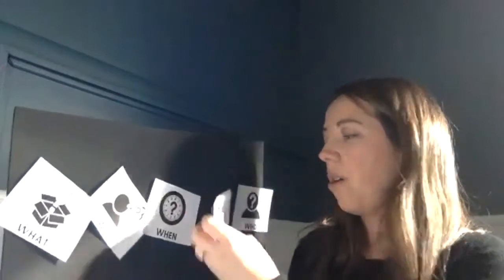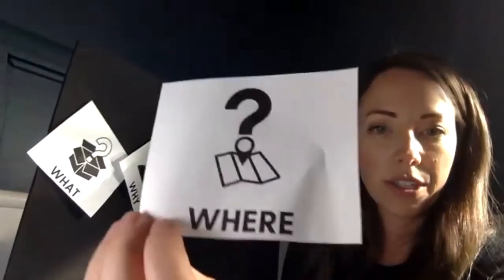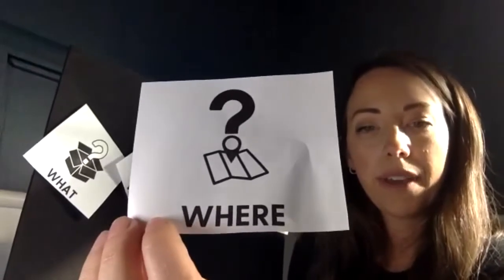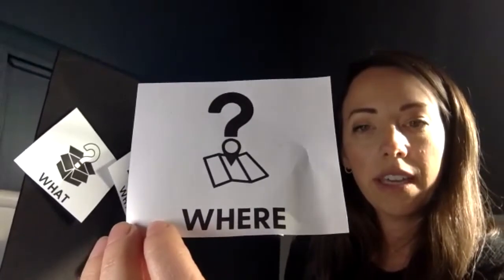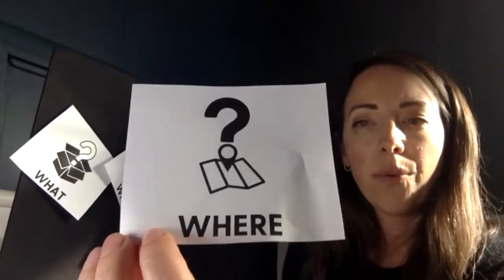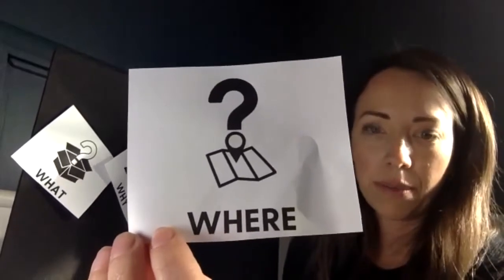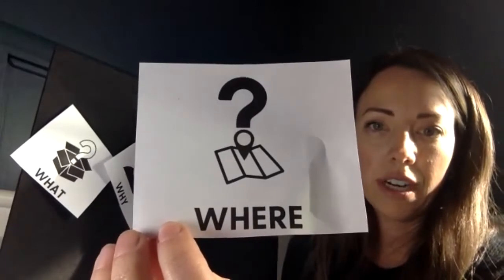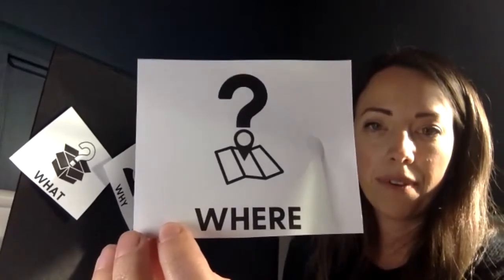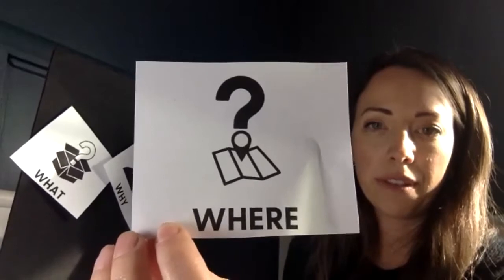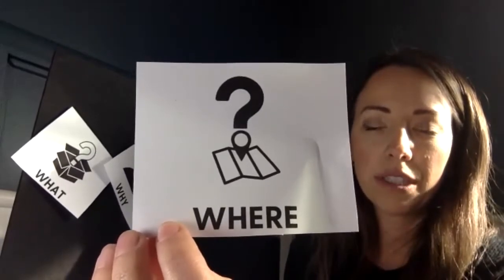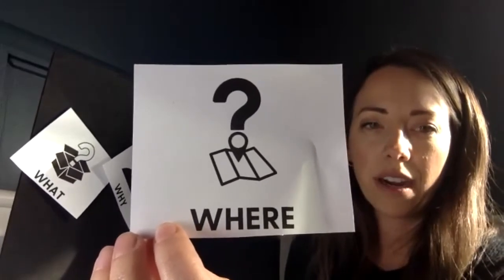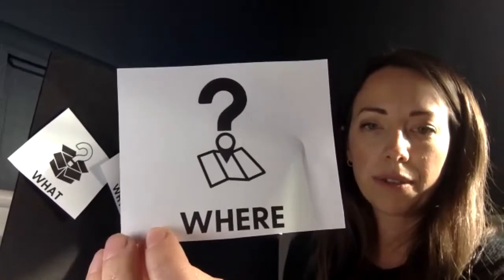We talked about where. Here is my picture of the word where, W-H-E-R-E. Where do we use our personal passport? This picture is a map, an unfolded map, one that's open, and it has a question mark above it. Where do we use a personal passport?